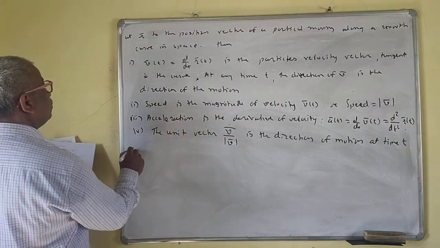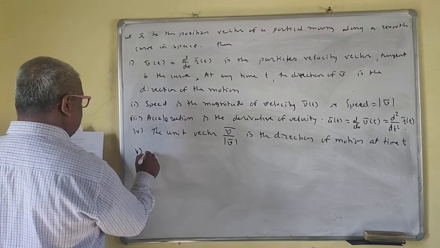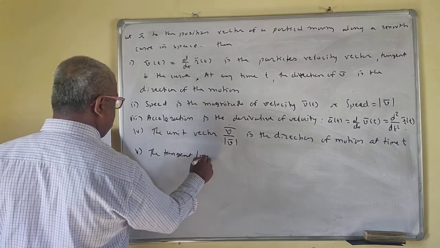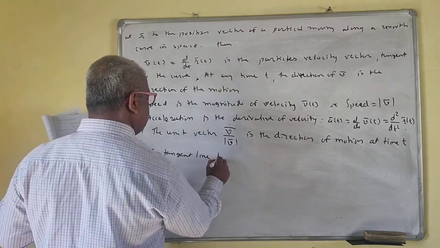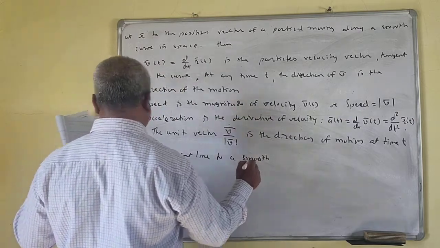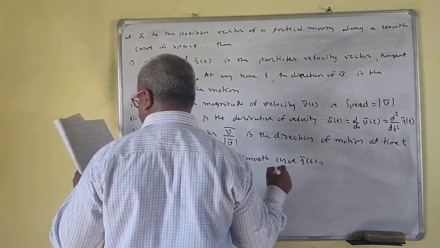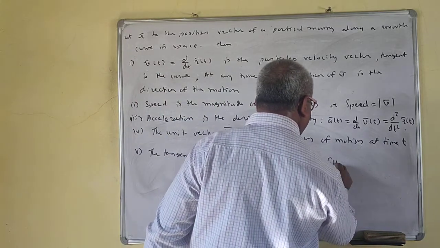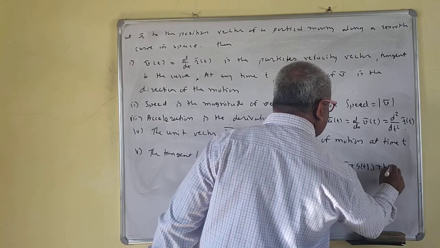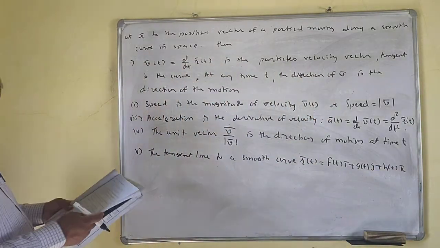And the last one, the tangent line to a smooth curve r bar of t is equal to f of t i bar plus g of t j bar plus h of t k bar. These are very important points. You should note this.